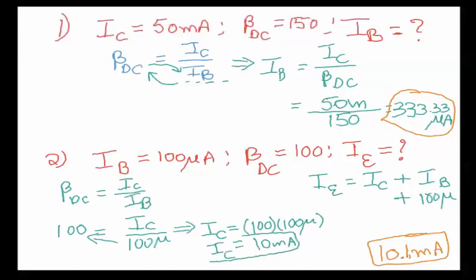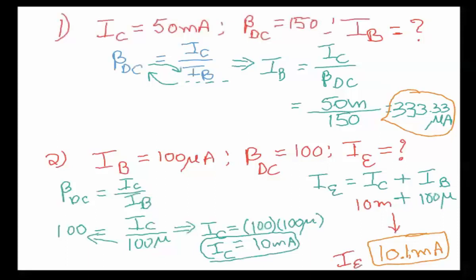And you use this to find the emitter current. So 10 milli plus 100 micro, that would be the emitter current.